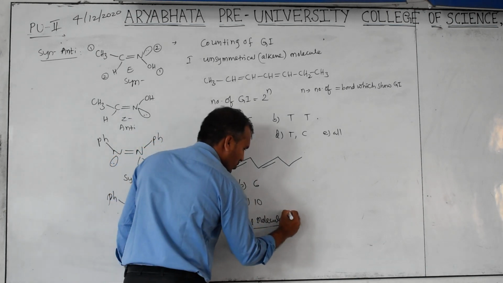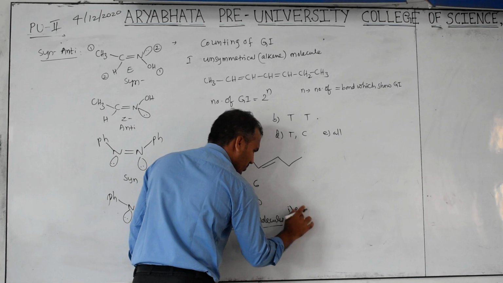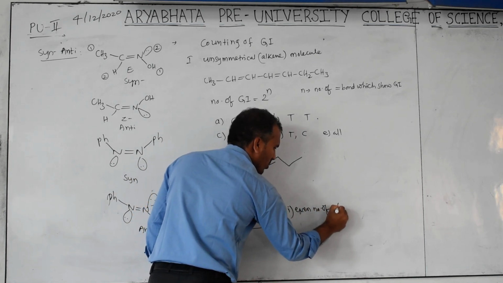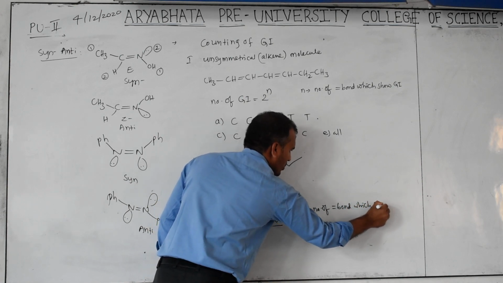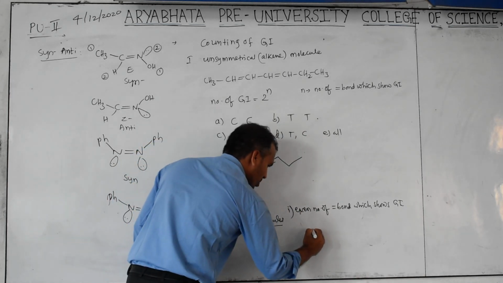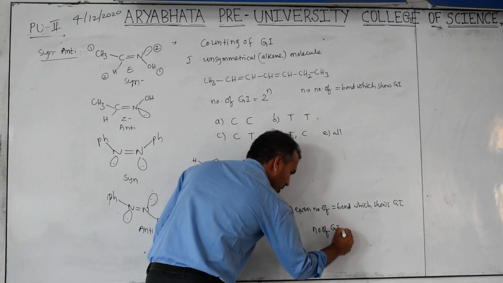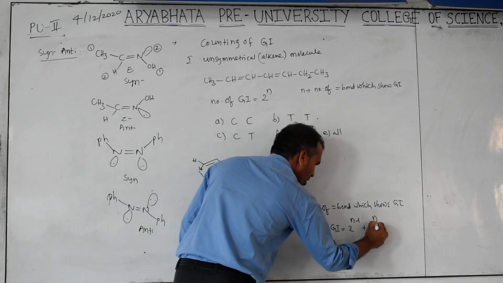Now here two formulas are there. One, even number of double bonds which show GI: number of GI is equal to 2 power n minus 1 plus 2 power n by 2 minus 1.